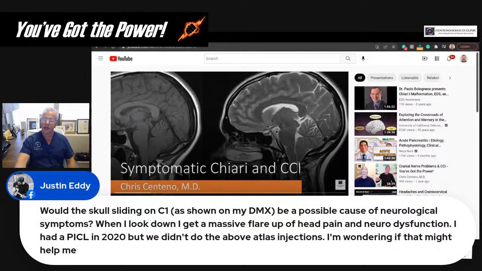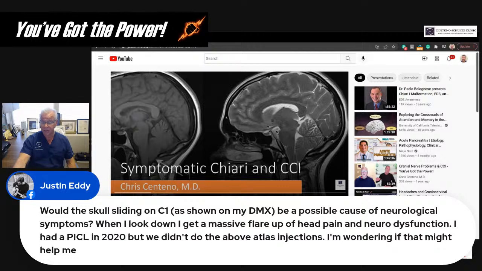Justin asks, would the skull sliding on C1 as shown on my DMX be a possible cause of neurologic symptoms? When I look down, I get a massive flare of head pain and neurodysfunction. At PICL in 2020, we didn't do above the atlas injections. Yeah, Justin, I'd need to know more specifically about your case in order to really say whether or not going above the atlas would make a difference for you.